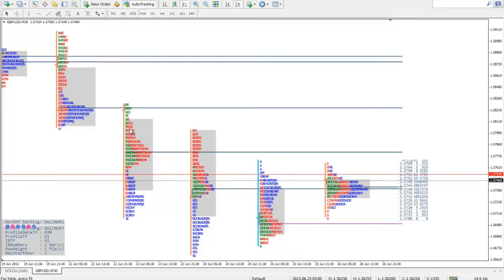Green represents the Asia session, red represents the London session, and blue represents the New York session. The first letter A would be the first half an hour, in this case blue coded, so this is the first half an hour in the actual New York session. Stuff like this is really helpful.